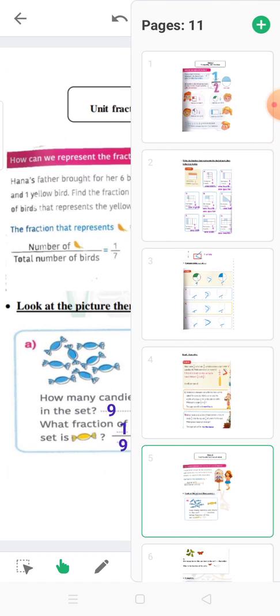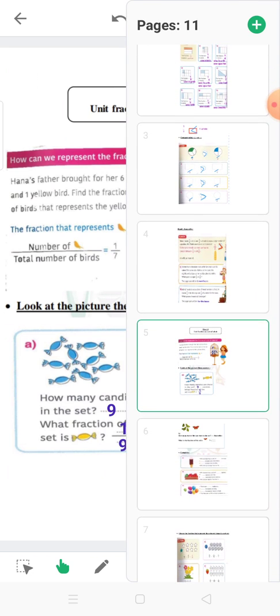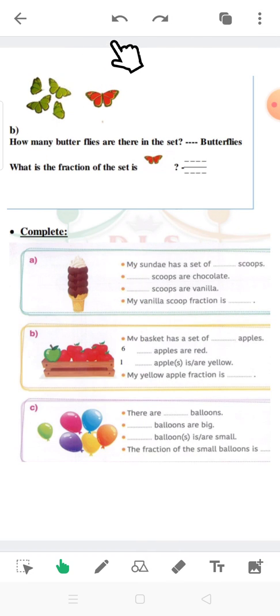Let's see the next one. Look at these butterflies. How many butterflies are there in the set? We will count the butterflies. 1, 2, 3, 4, 5. Let's write 5 butterflies. What did he ask me about the fraction? So I'll need the red one.